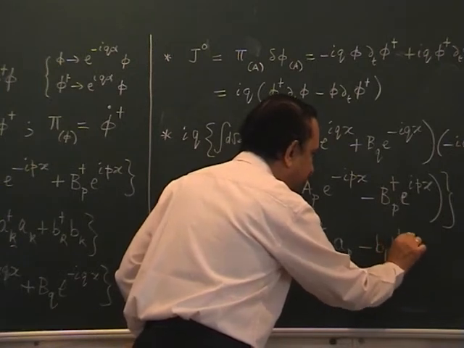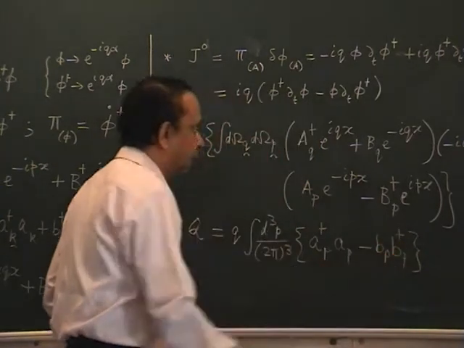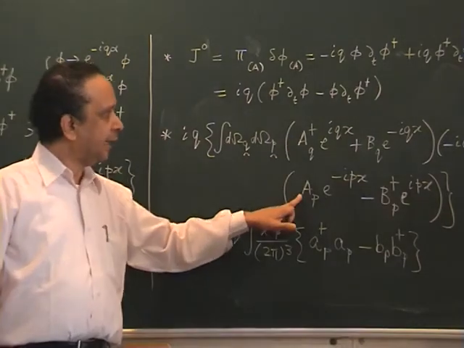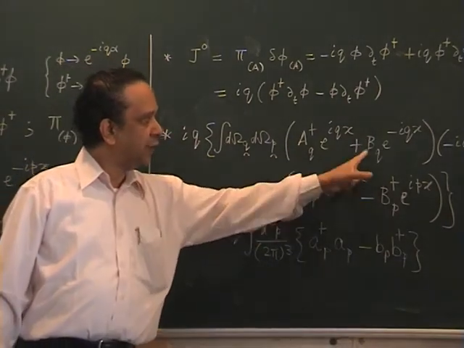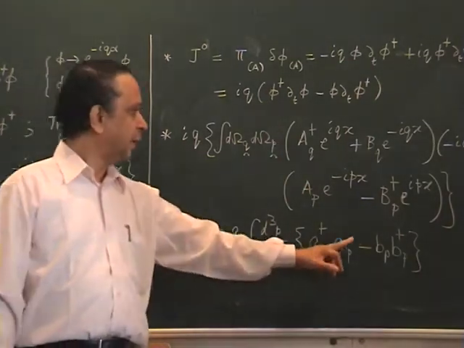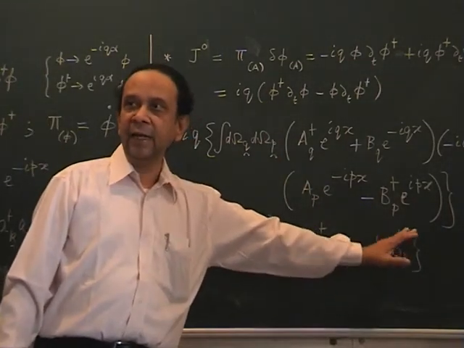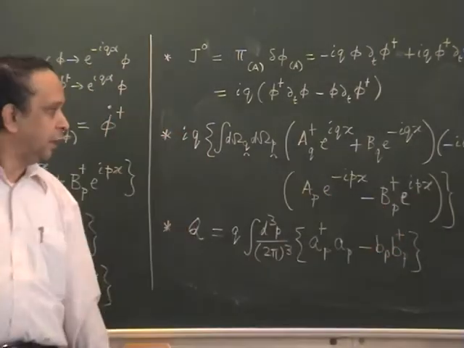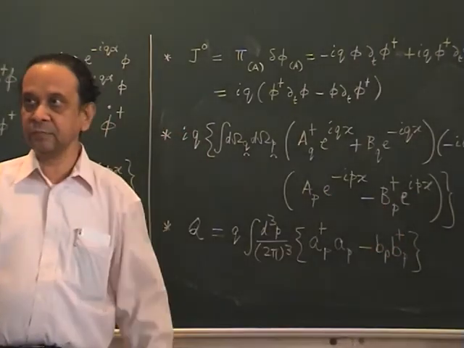This is important. Because here you will get a dagger a, but here you are going to get a b dagger, and when you do all your commutations etc., this will come with the b dagger. So work this out with one minus sign.